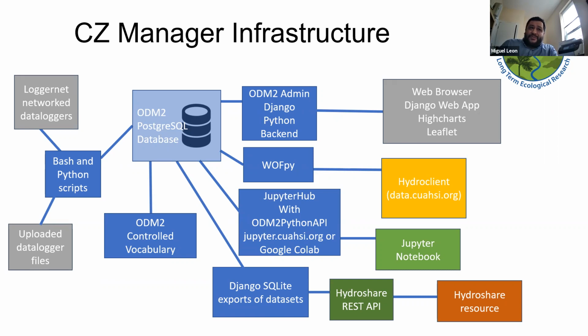Then we have a web front end, which is a Django Python website with maps using Leaflet and graphing capabilities using Highcharts. We have WaterOneFlow Web Services, which we'll talk about, which link the database to data.kuasi.org. And you can do things like run Jupyter notebooks on Google Colab, or the Kuasi also has a JupyterHub that I've run code on using an ODM2 Python API.